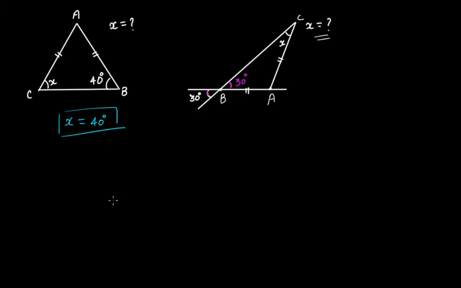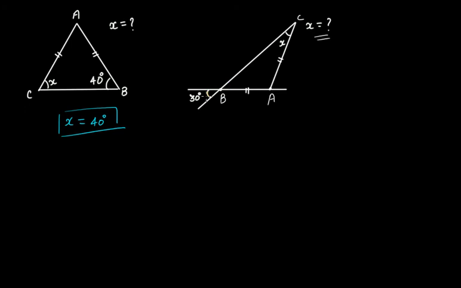Now wait a second. We can see that these two symbols here imply that this angle and this angle will be equal. Why? Because it is an isosceles triangle where this side is equal to this side. Therefore, this angle and this angle will be equal. Let me first explain this one, that will be much easier.